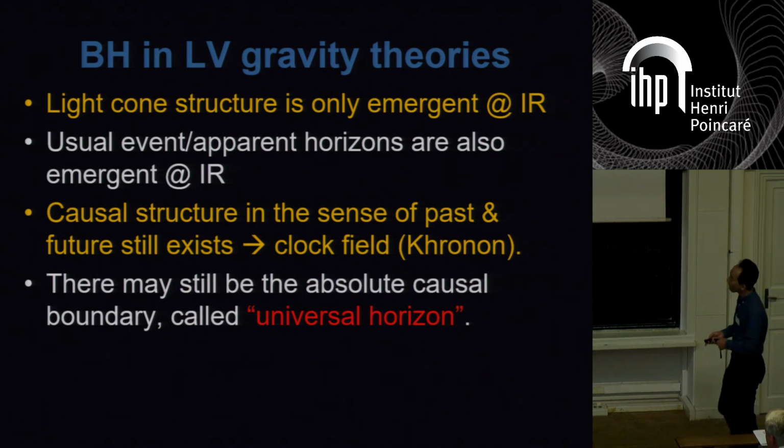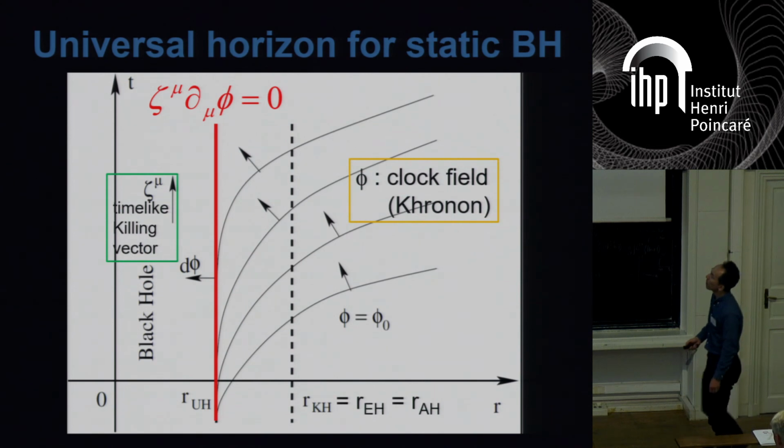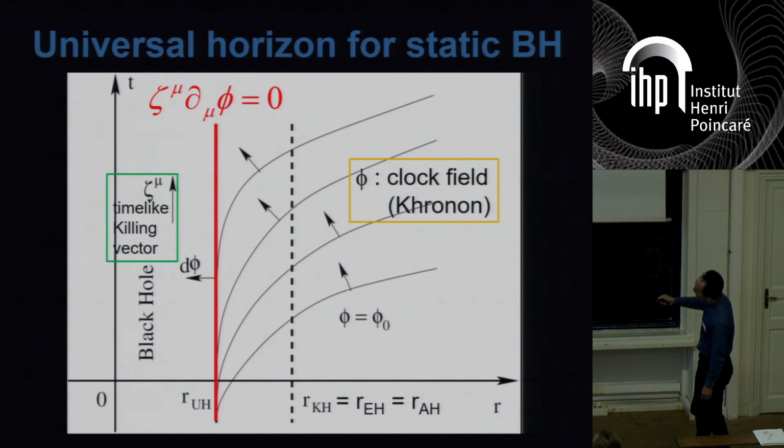So this is a schematic picture of the so-called universal horizon. This is a constant time surface represented by the clock field or chronon. And this is the radius. This constant time surface does not penetrate beyond this radius.